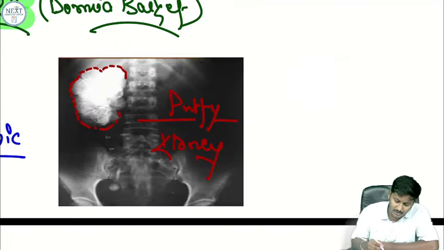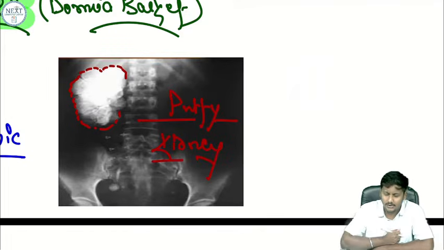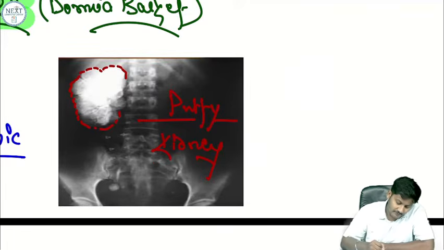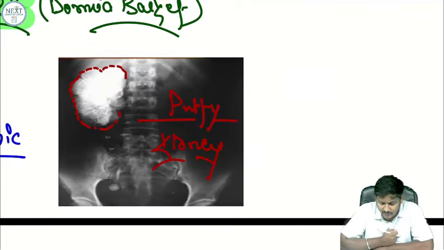If they give you a similar picture and they give you a history that the patient is having a low back ache, along with signs of fever and all of that, then it is a diagnosis of which condition?